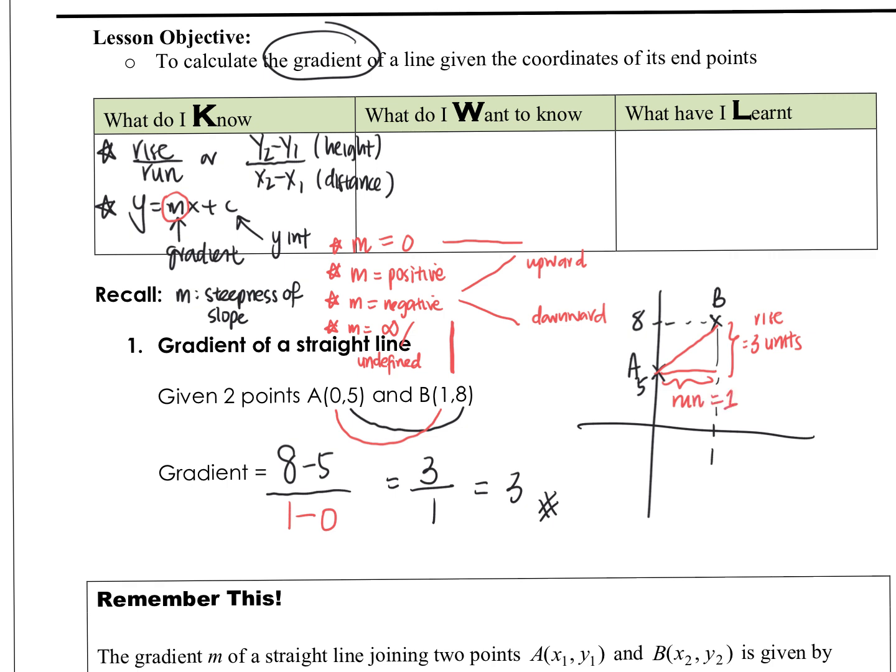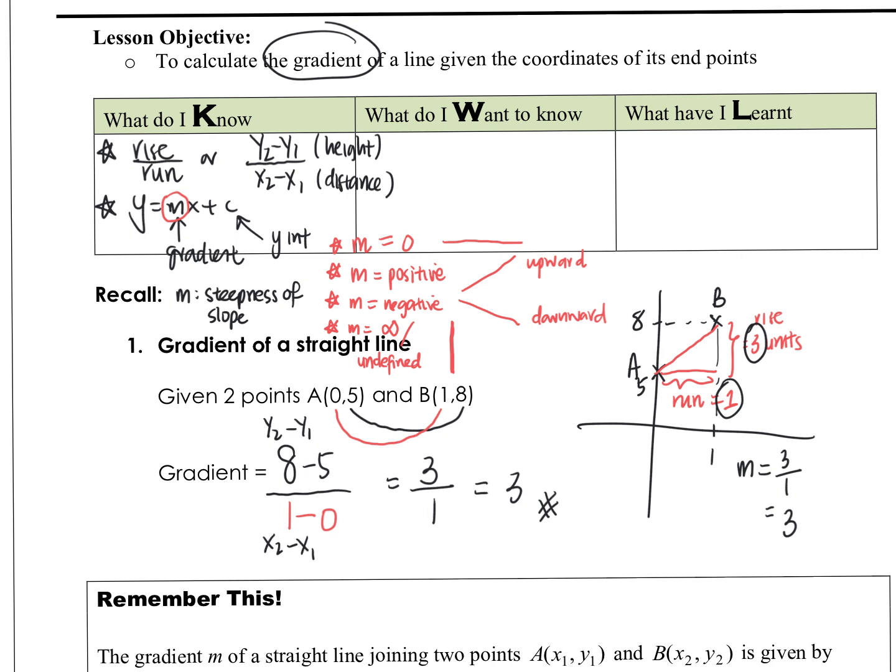So rise over run, same thing. Depending on how you were taught, if you were taught to use rise over run, then you need to draw out the 2 points and then you find the rise and the run. Okay, if you are using the formula y2 minus y1 over x2 minus x1, then you don't need to draw it out.